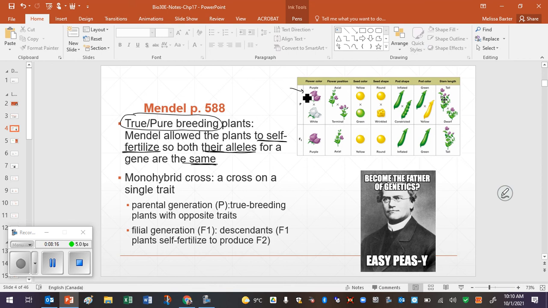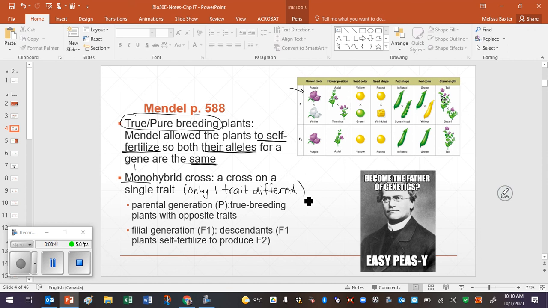Now, in the beginning, Mendel did what we call a monohybrid cross. Mono stands for one. That is a cross based on a single trait. In other words, only one trait differed. And so he had a whole bunch of pea plants, a whole ton of them.